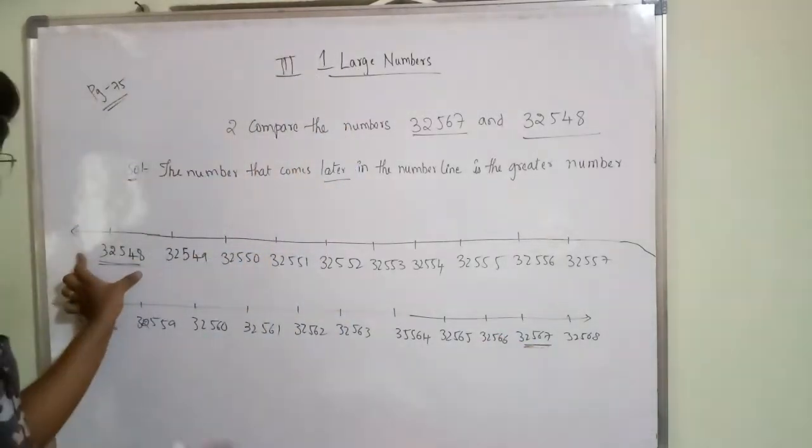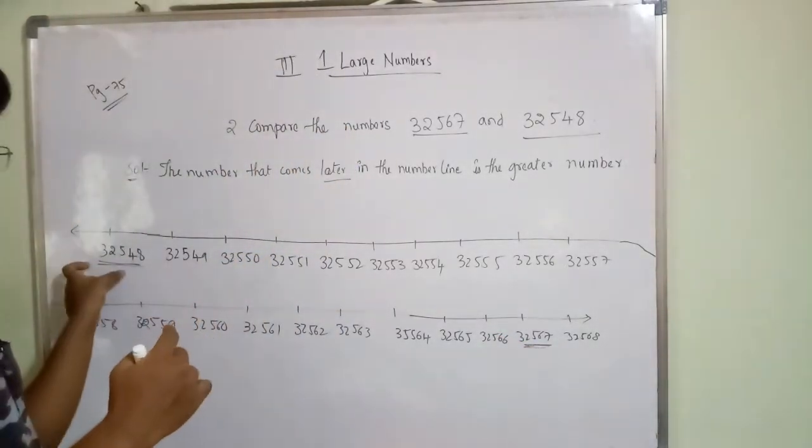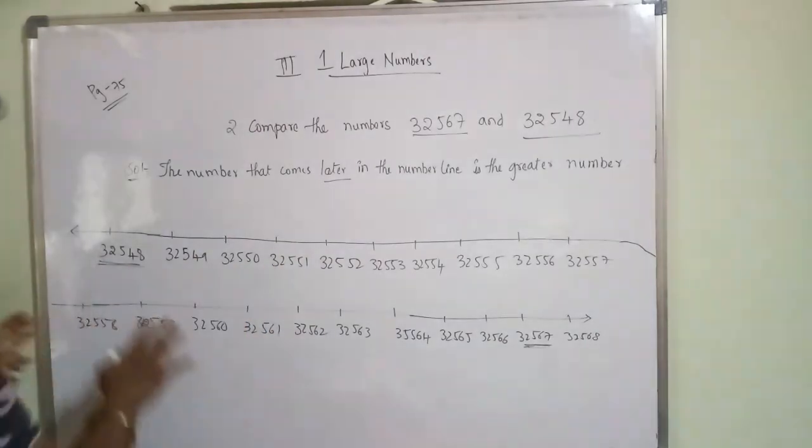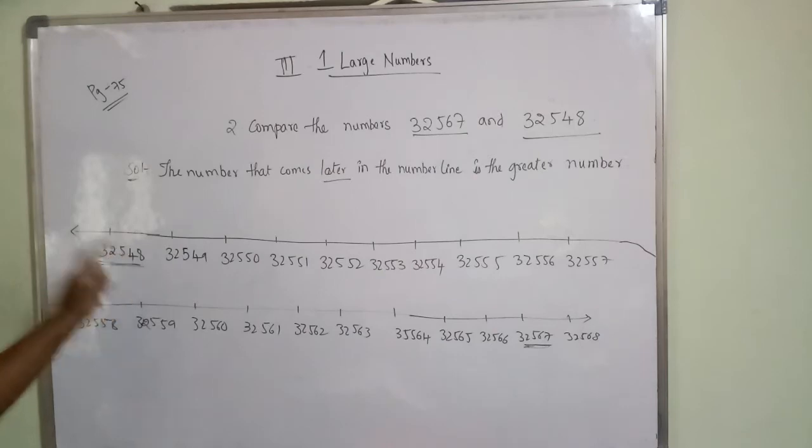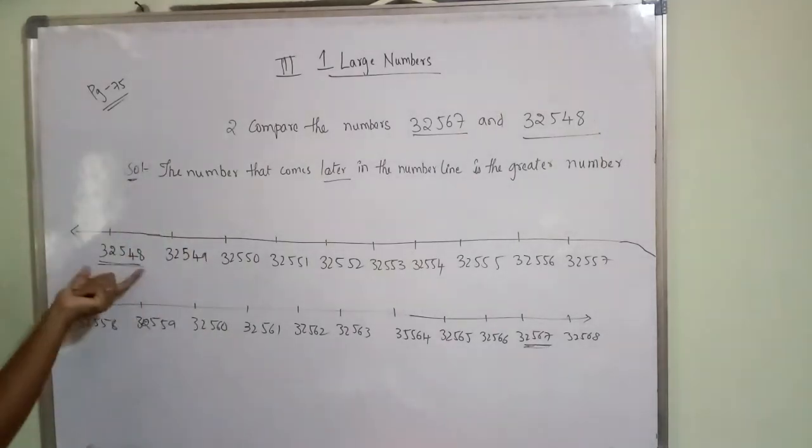We will get this number first whenever we write numbers starting from any number, even from 32,540, because we are comparing only these two numbers.